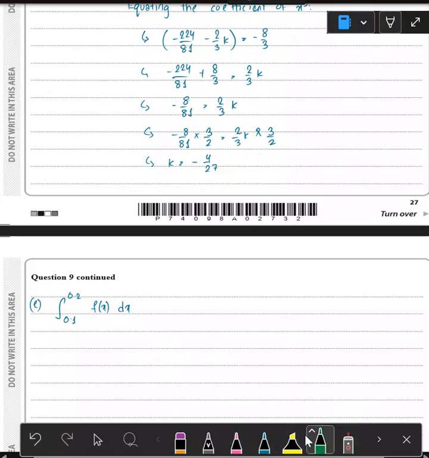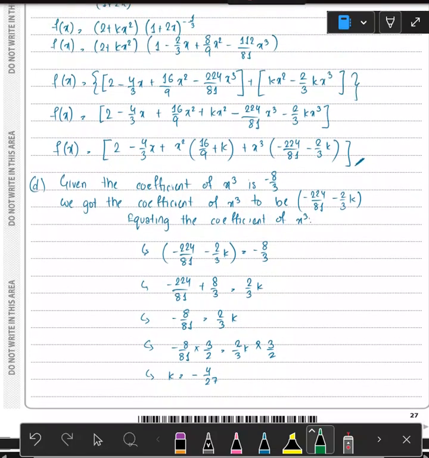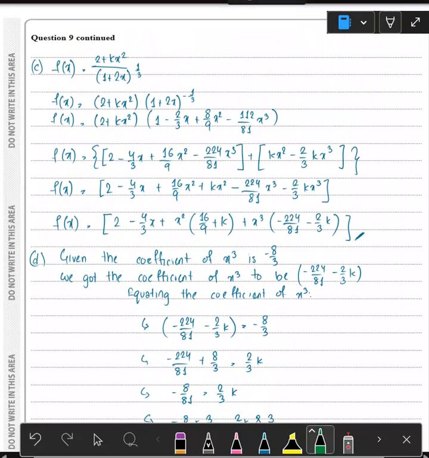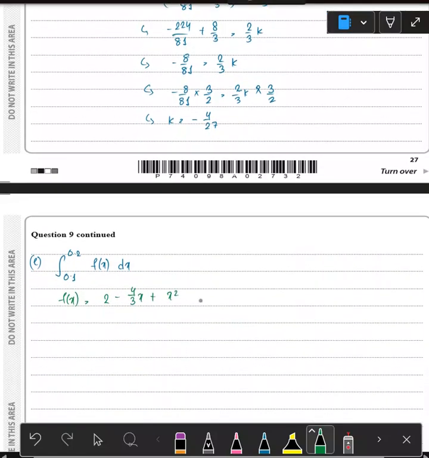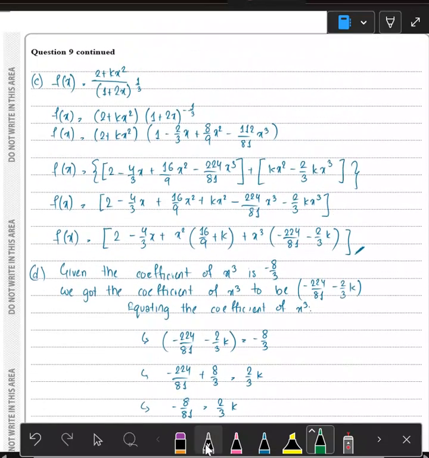So f(x), if I substitute this, so f(x) we got to be 2 minus 4 by 3x plus x squared was 16 by 9 plus k. So it's 16 by 9 plus k. So k we got was negative 4 by 27. I am using, just to confirm if anyone is confused, I'm using this expansion.